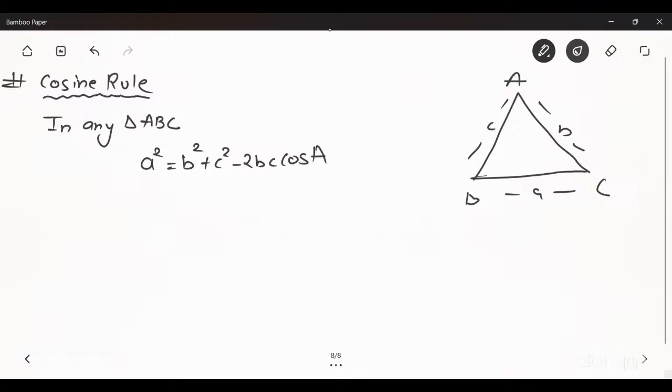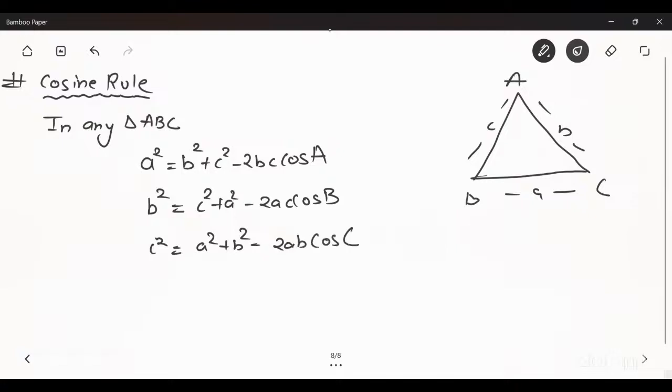This was cosine rule. And b square is equal to c square plus a square minus 2ac cos B, and the value of c square is equal to a square plus b square minus 2ab cos C. So that was your cosine rule.